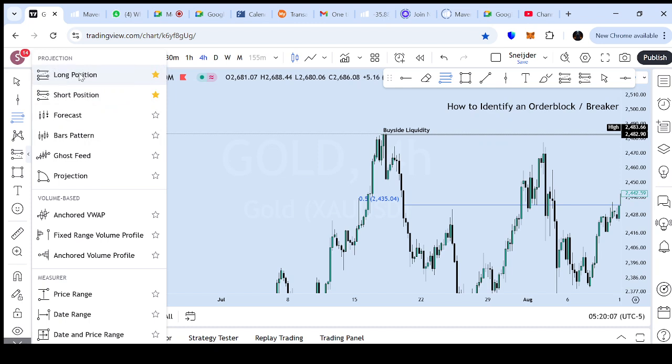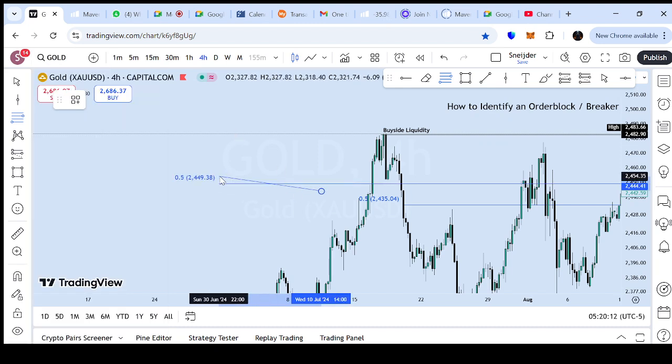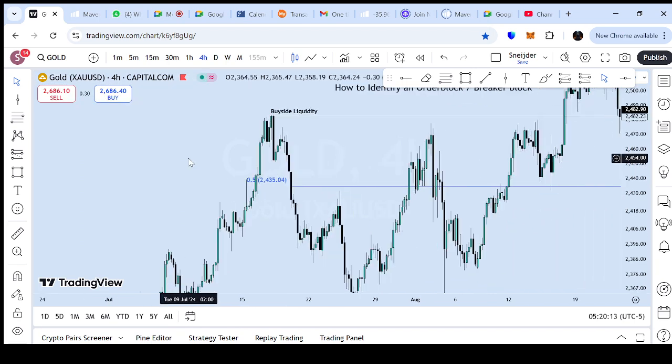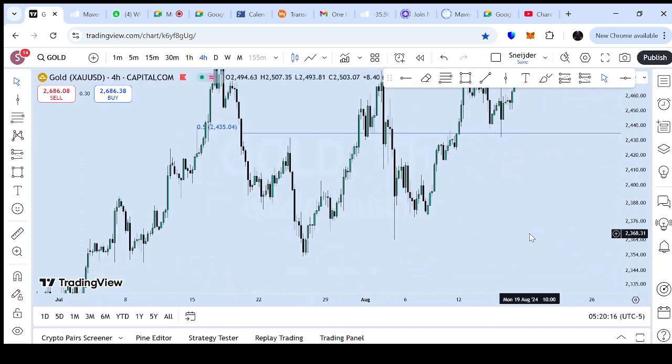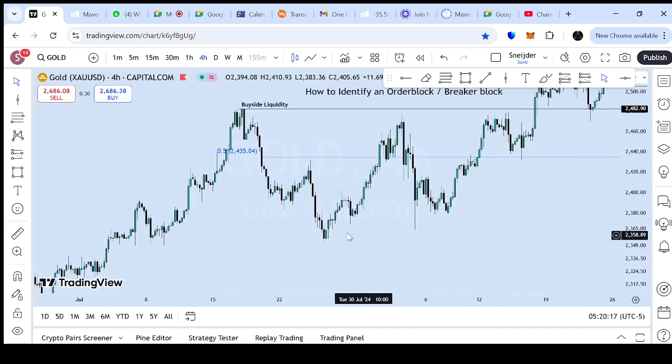Let me start from the long position. For instance, we have a fair value gap here and a little breaker, and price took out a low here. Here is a sell liquidity.